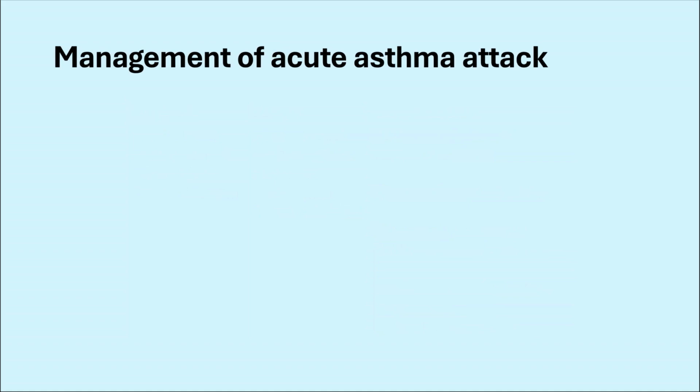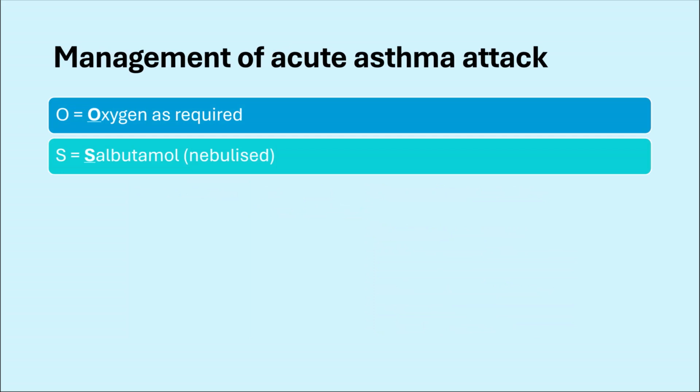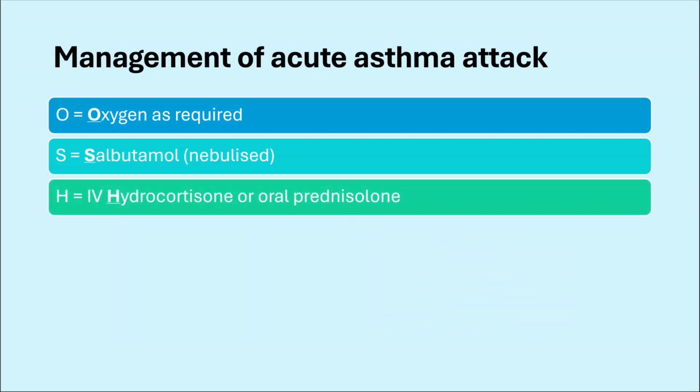So how do you treat it? The acronym we tend to use in medical practice is OSHIME. Essentially, what that stands for is you give oxygen as required. You start the patient on nebulized salbutamol, generally 2.5 milligrams, and you need to give them some steroids. We generally give IV because you want to treat as soon as possible.